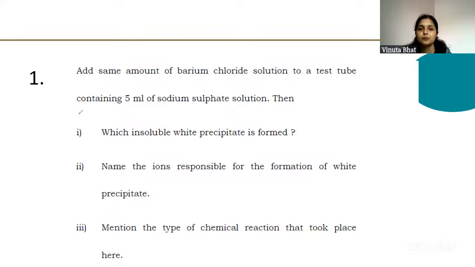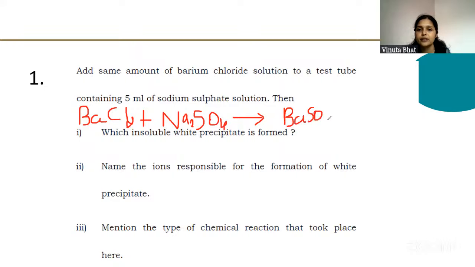When barium chloride, BaCl2, reacts with sodium sulfate, Na2SO4, it forms barium sulfate and sodium chloride, NaCl.